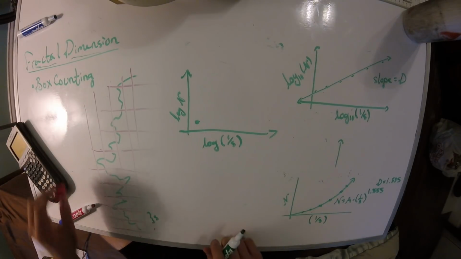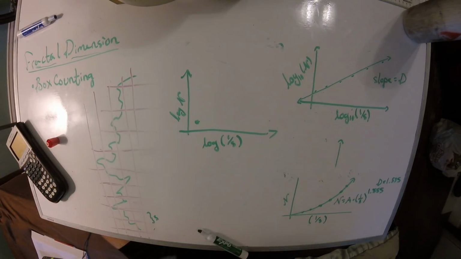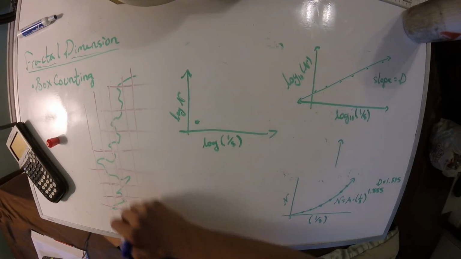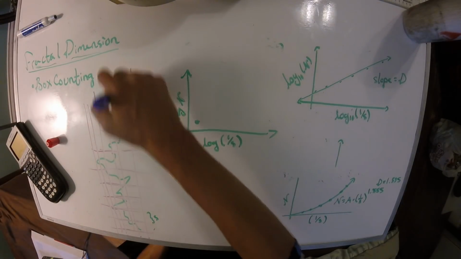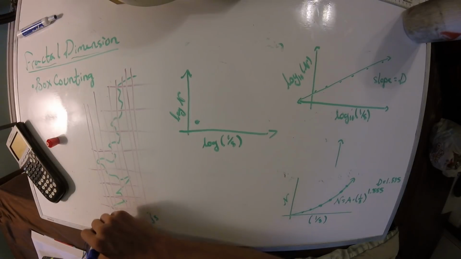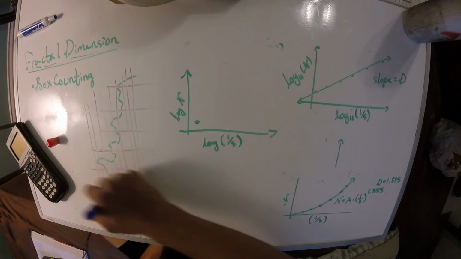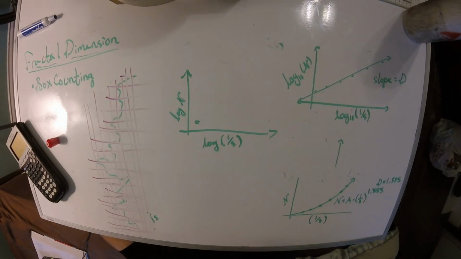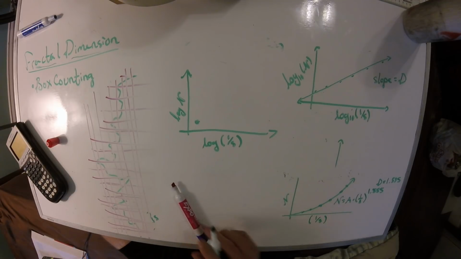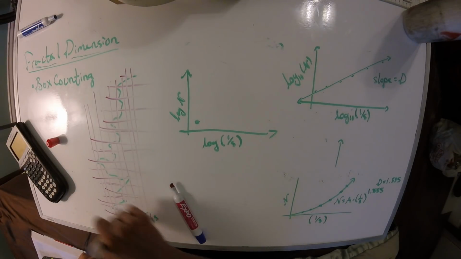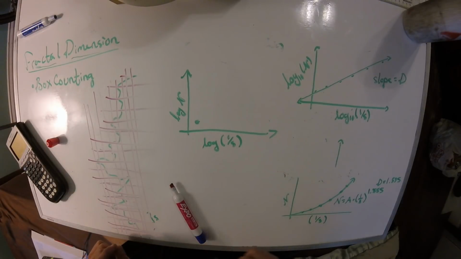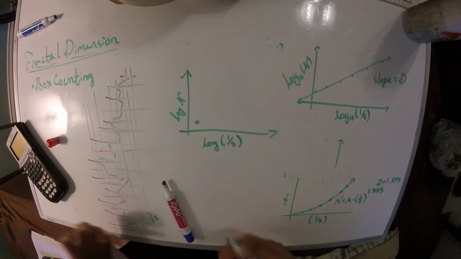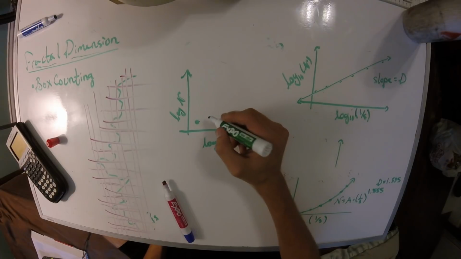And then you do the same thing, but you make the grid size different. So now the boxes have a different side length. And so with this new side length, you count up the number of boxes that are touched, and then you take its log, you take the log of 1 over s, and you plot your next point.